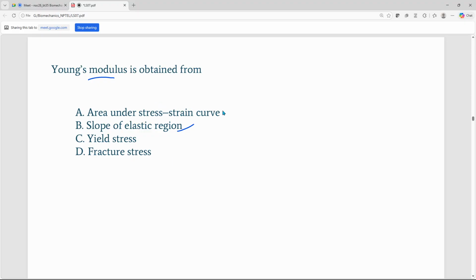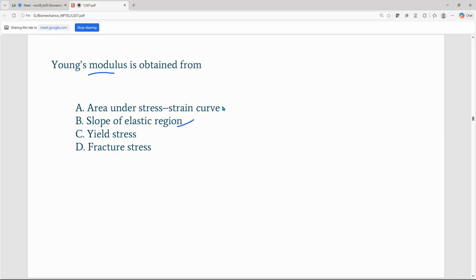The area under the stress strain graph, if it is within the elastic region, gives something called resilience. Resilience is the stored energy which will help to regain its original shape.